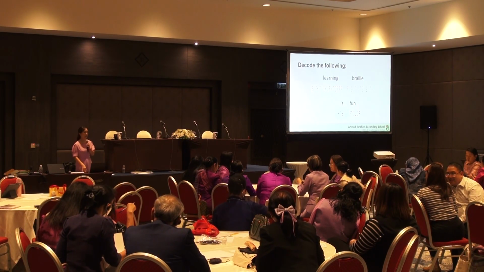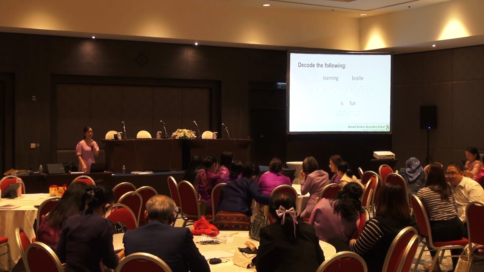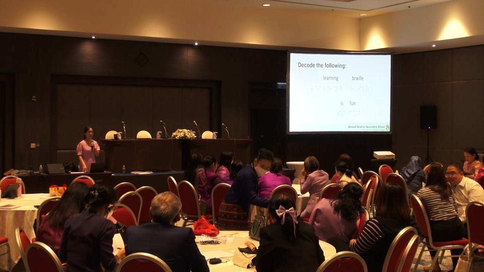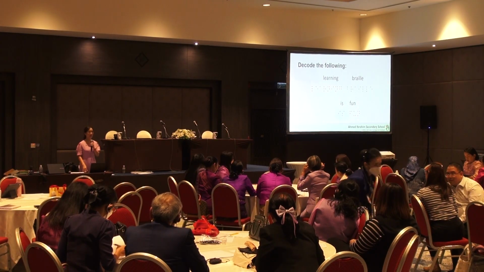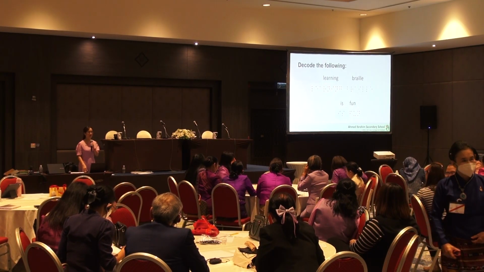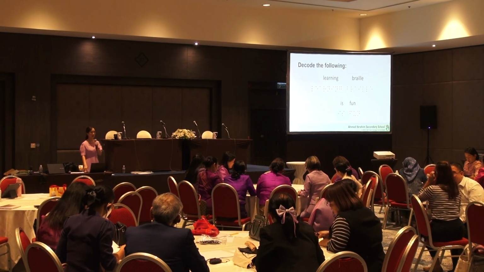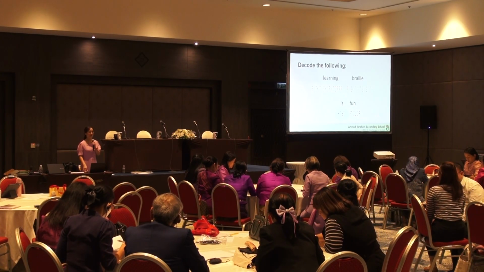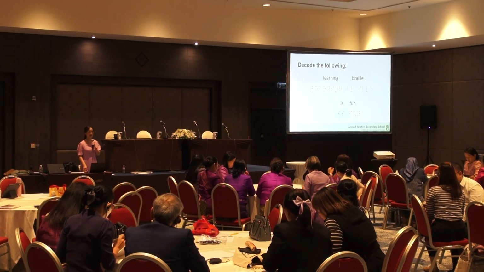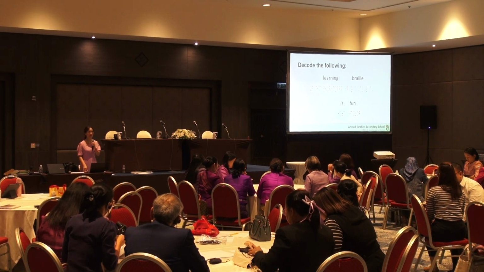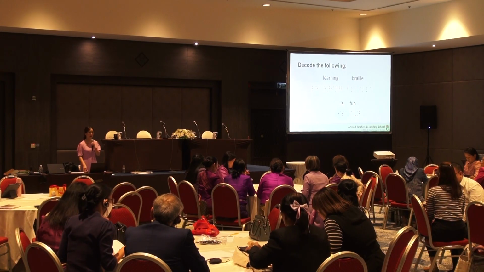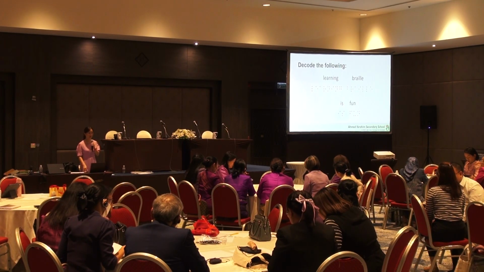Why do we need contractions in Braille? Because if you were to use grade 1 Braille throughout the whole book, it would be very, very thick. Already with grade 2 contracted Braille, our books are very bulky, and one print book can come out to 3, 5, or even 8 or 10 Braille volumes.